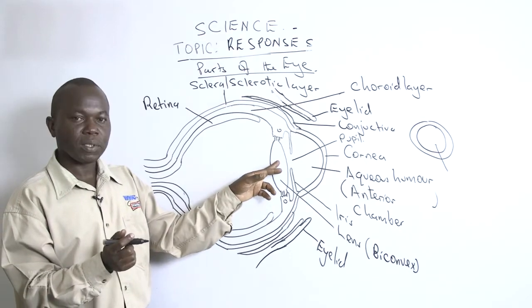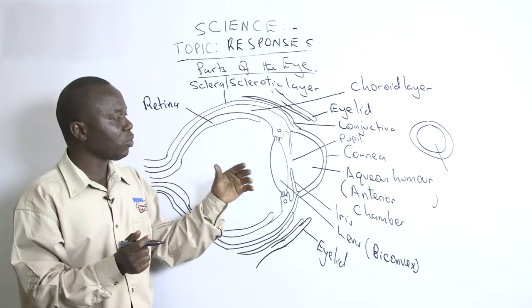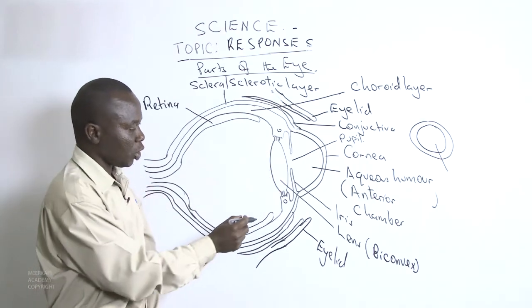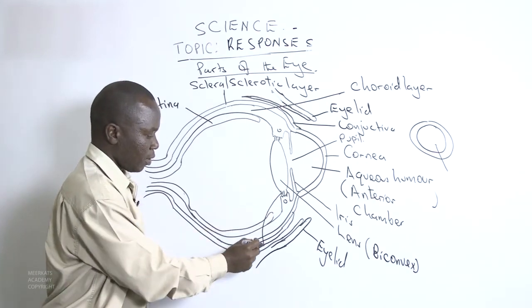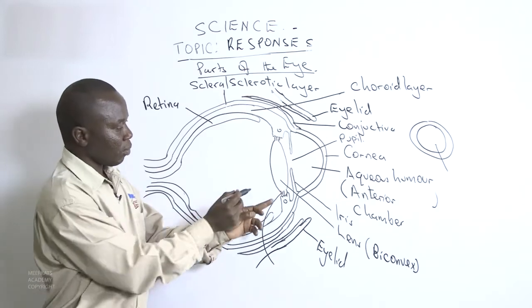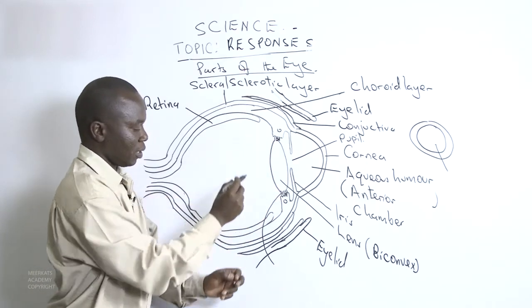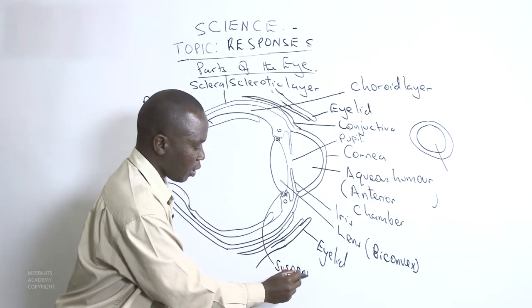It's also filled with a transparent jelly-like substance. We are going to find out the roles. But it is held in position by some structure. You can look at those structures. We have some ligaments there. We call them suspensory ligaments.